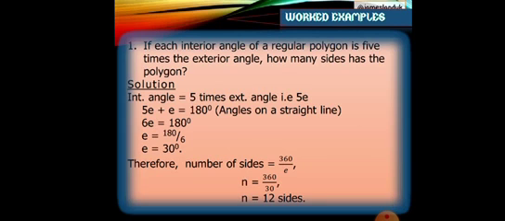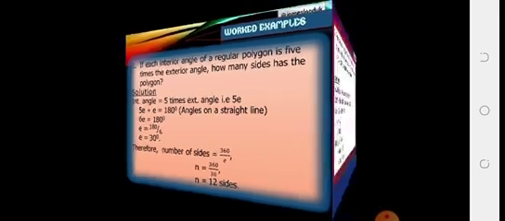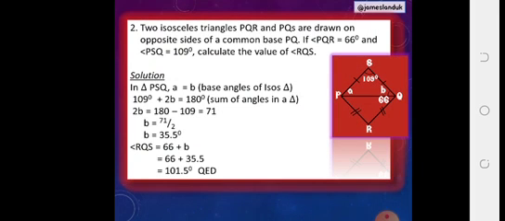We move straight to question number 2 and let us see how we make use of this. We are given that in the diagram, two isosceles triangles PQR and PQS are drawn on opposite sides of a common base PQ.